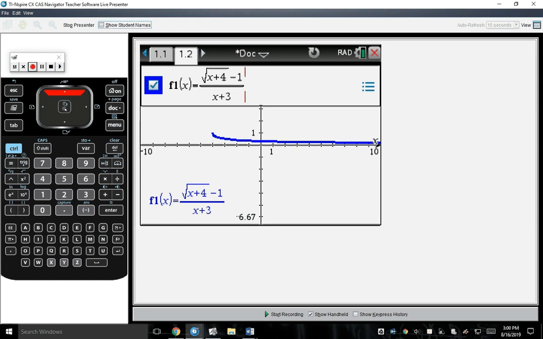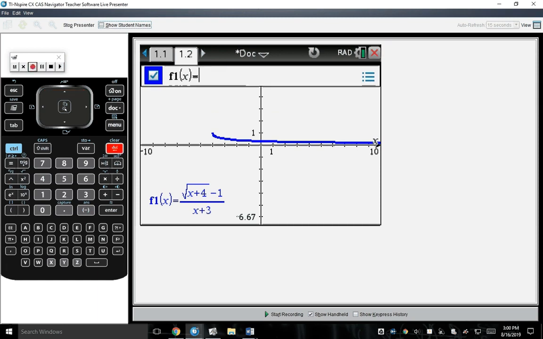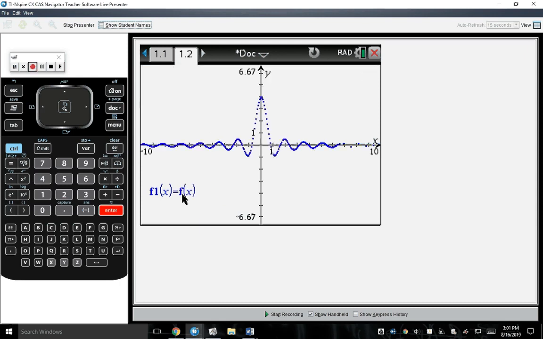Please go back up to f of x for the first one and delete that. And now, instead of typing this again, don't I have this stored already? What do I have this stored as? f of x. So I could just put f of x right there, and it will read what it's stored as on page 1. They talk to each other.